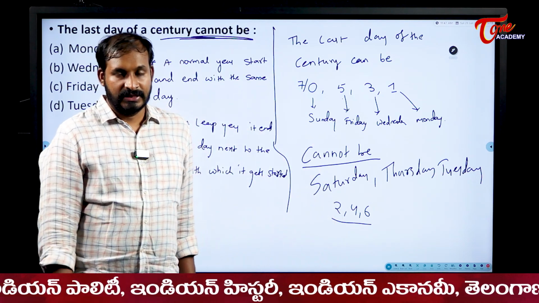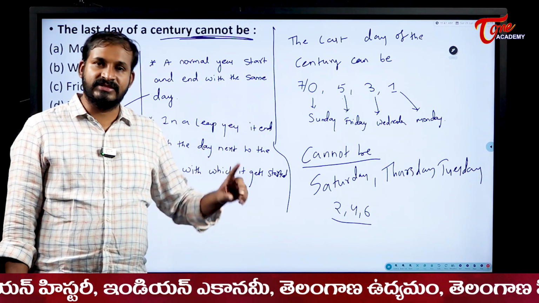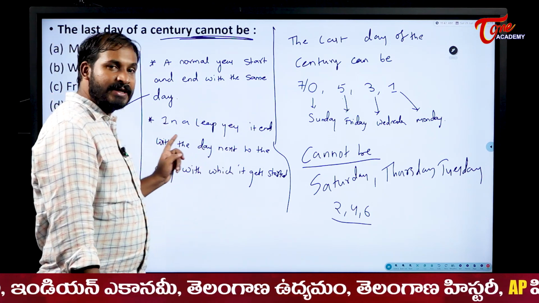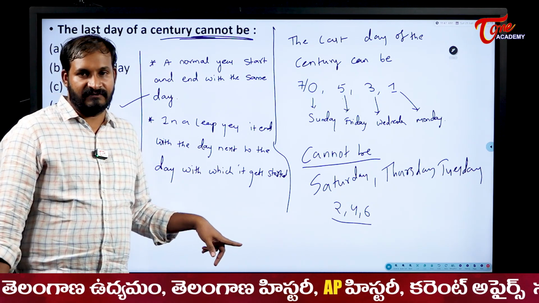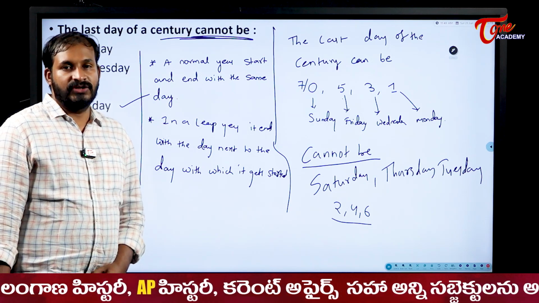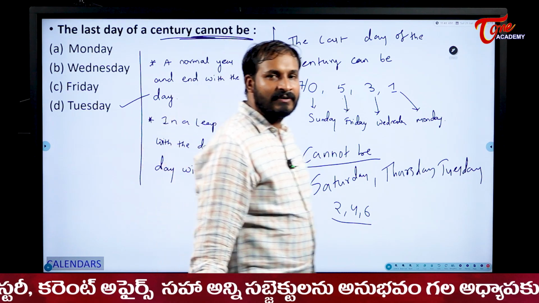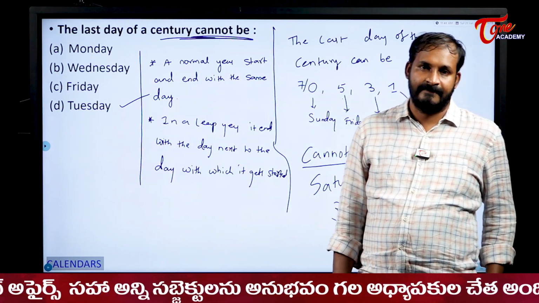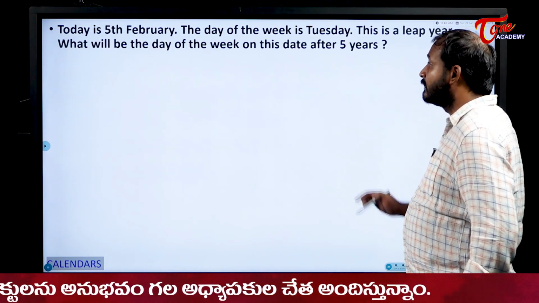Tuesday. Remember this one. If it is a normal year, if it starts with Monday, it ends with Monday. But if it is a leap year, if it starts with Monday, December 31st will be what? Tuesday. Please keep this thing in your mind, students. There is a high chance of asking this type of statements. Okay? Right. Okay, sir. Next.